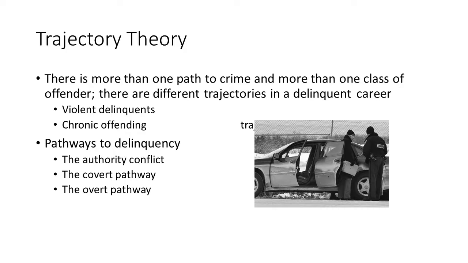And contrary to most theories, the trajectory theory suggests there isn't just one factor that encourages delinquent behavior, but rather multiple pathways to delinquency, and that there is more than one class of offenders. Furthermore, the trajectory theory believes there are certain paths, i.e. trajectories, that direct a person toward delinquent behavior quicker and at a higher rate than other trajectories.